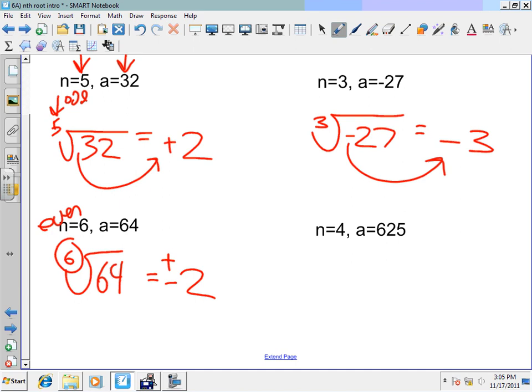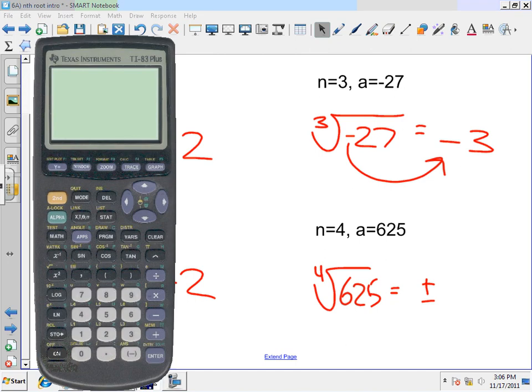All right, we're going to look at 625, and we're going to say, the 4th root of 625, it is even. So right away, I'm going to put my plus minus in. Now again, I don't know what the 4th root of 625 is, so I want to pull out my calculator. I'm going to show you on your calculator where we see this answer. Well, turn it on.